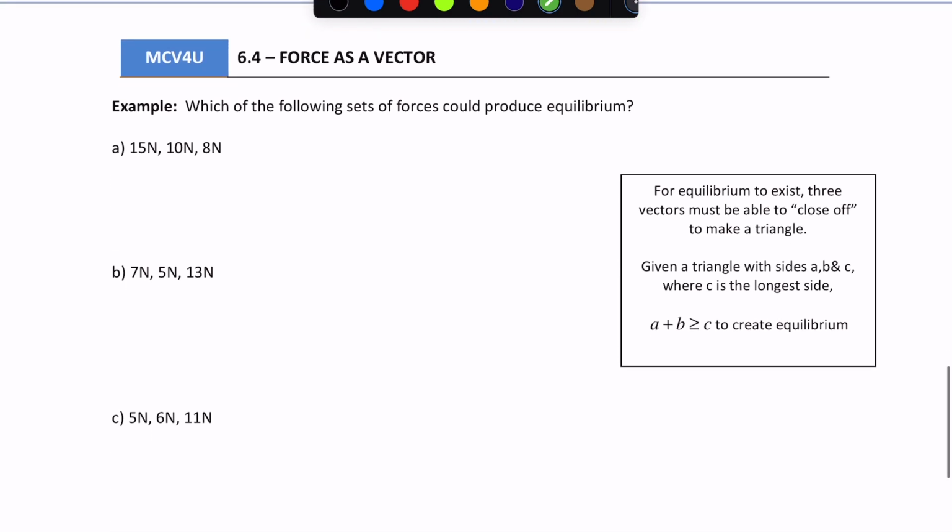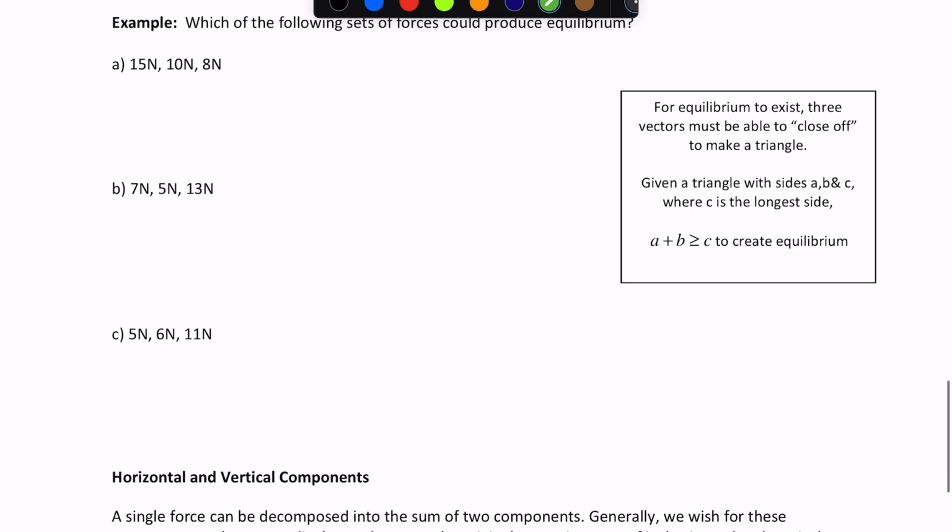Okay, so let's keep looking at this example here. So again, it says, which of the following sets of forces could produce equilibrium? And so here, again, for equilibrium to exist, three vectors must be able to close off to make a triangle. So given a triangle with sides A, B, and C, where C is the longest side, A plus B must be greater than or equal to C to create equilibrium.